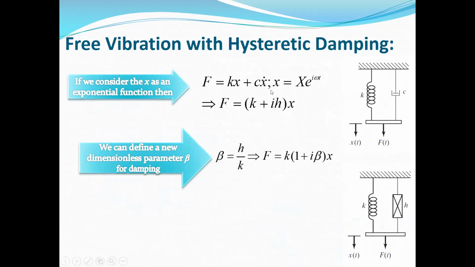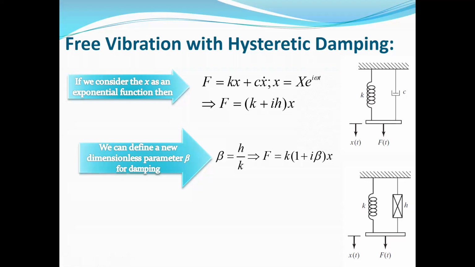So here you can see that the response is equal to uppercase X times exponential i omega t, which you can expand and write in the combination form of sine and cosine functions.